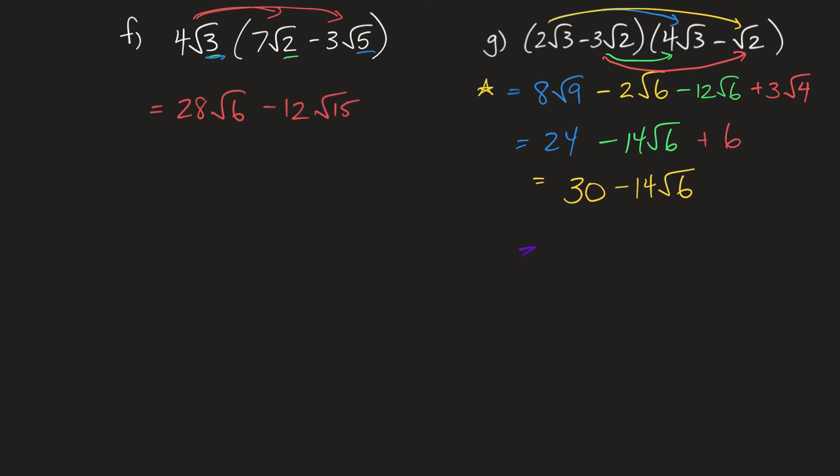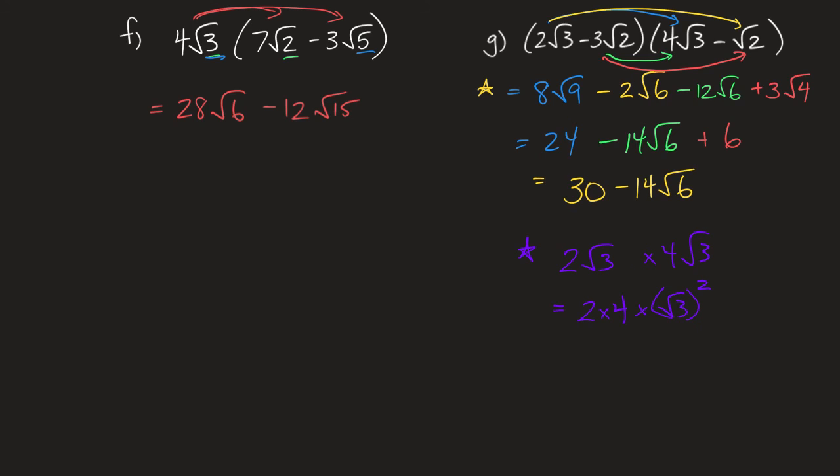We're going to walk through this in purple. When you multiply that first multiplication, the 2 root 3 times 4 root 3, the best way to think about that is this. It's 2 times 4 times root 3 squared.